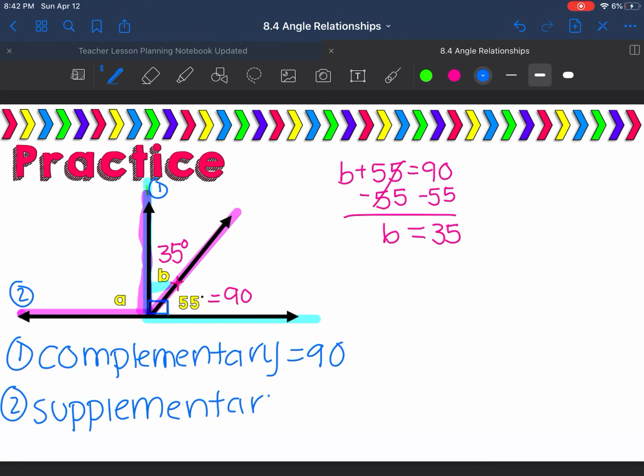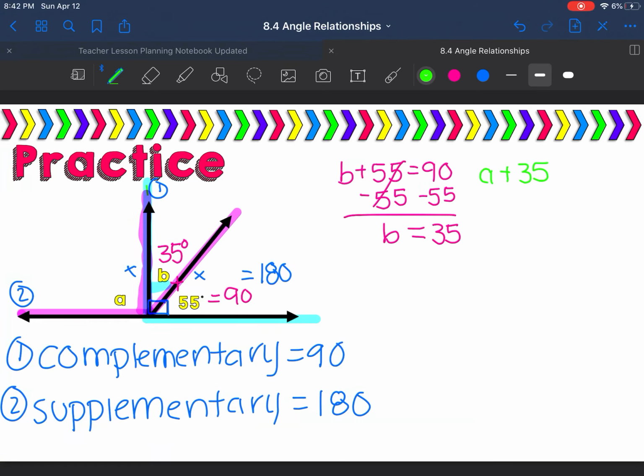It's big. And supplementary angles are equal to 180. So that means that angle A plus angle B plus angle 55 is all going to equal 180. So that's what I'm going to do.